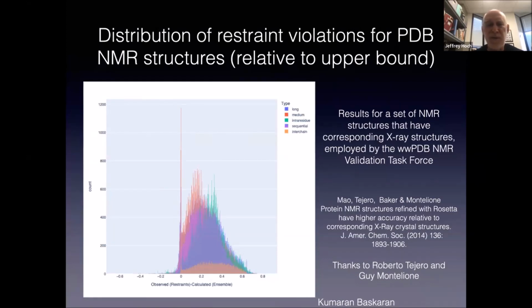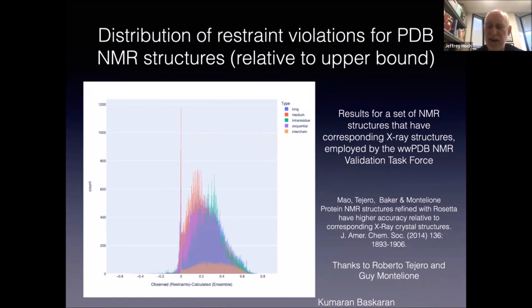It's about 36 structures that happen to have both high resolution X-ray structures and NMR structures. And in this case, I've plotted the distribution of deviations of the model from the NMR distance bounds that are deposited in the BMRB.